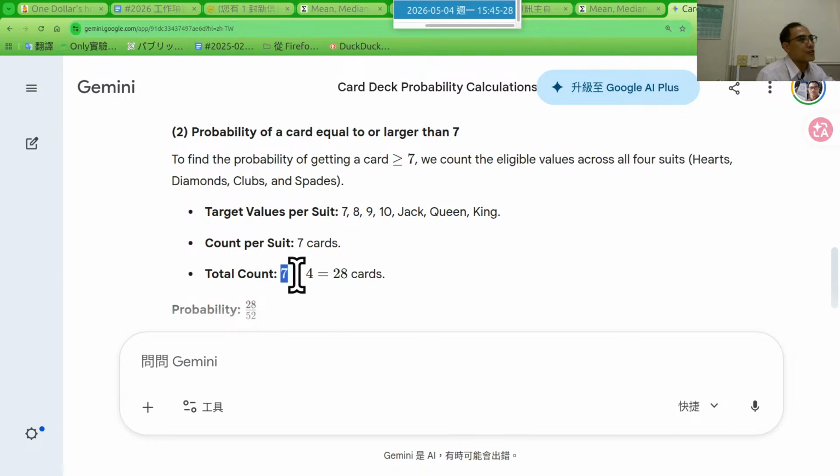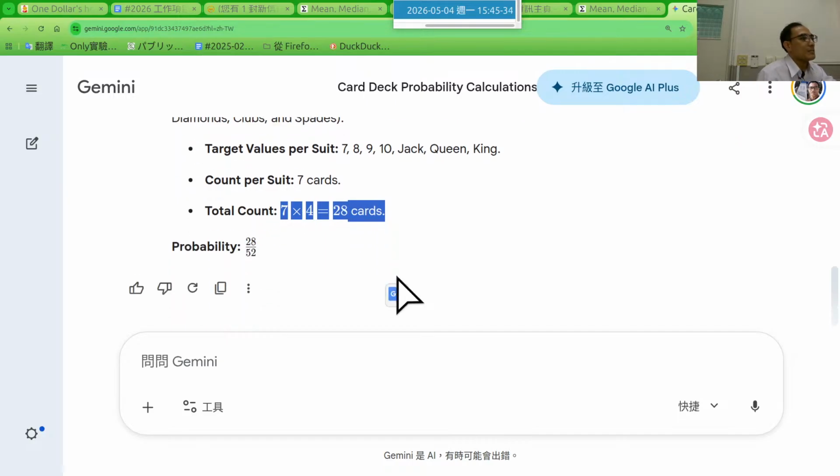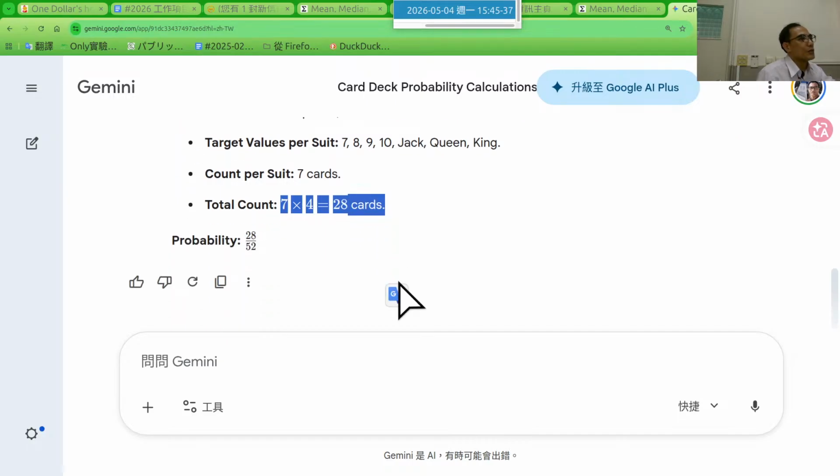Thus, the count will be 7 multiplied by 4. That will be 28. And the total is 52. Cards fitting this criteria is 28. Thus, the answer will be 28/52. Over 52.